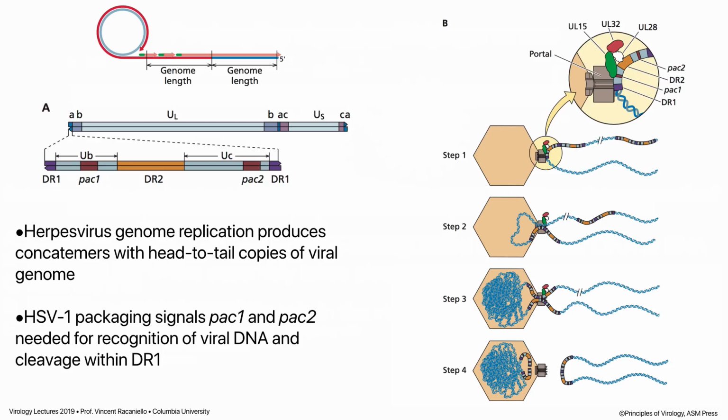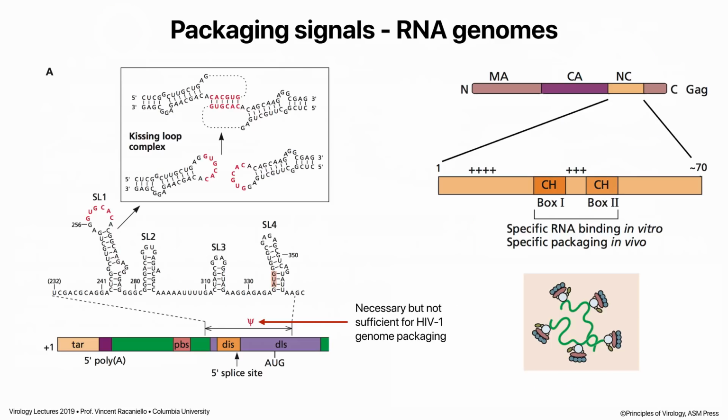The DNA is cleaved by an endonuclease, and now we have a head full of DNA in the capsid with the packaging sequence there. And then the other DNA that's left, the rest of the concatemer, has its own packaging sequence, and that can be put into another virus capsid. So recognition of this packaging signal by the portal, pumping in the DNA and cleaving when you have a head full of DNA in it.